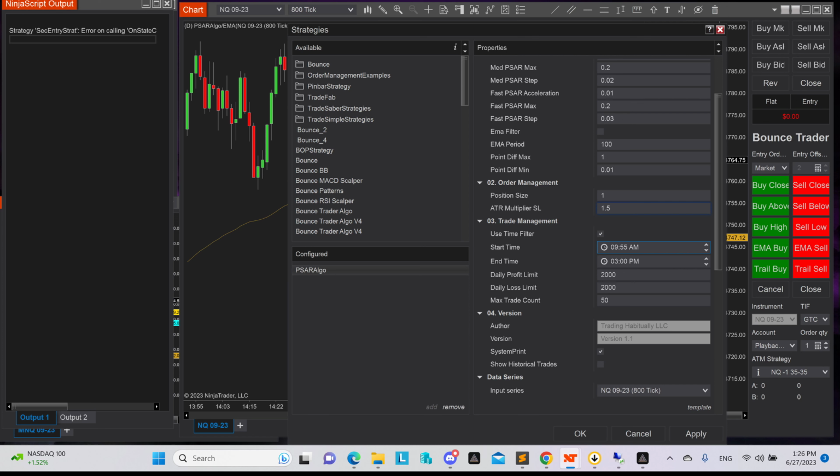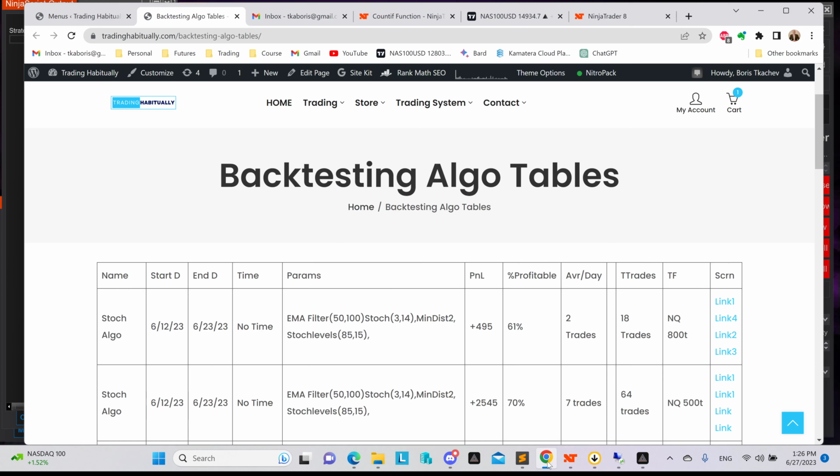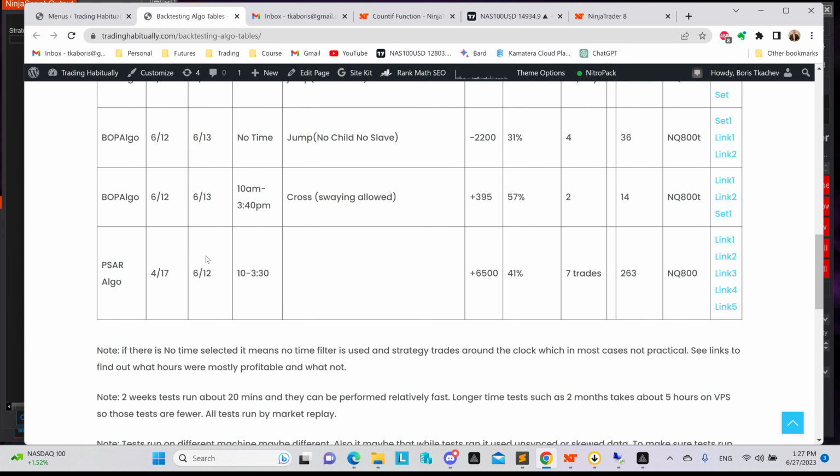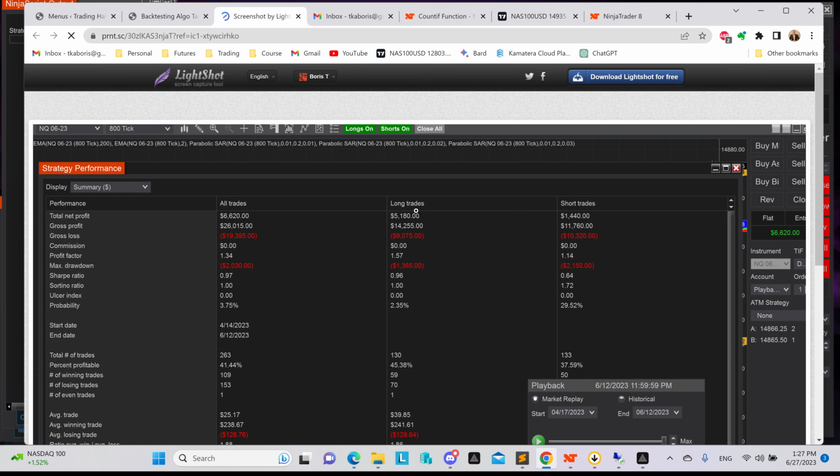That's what the test showed me. You can come to this store link and view the backtesting algo tables, and if you scroll down, there is the SAR algo I posted there.